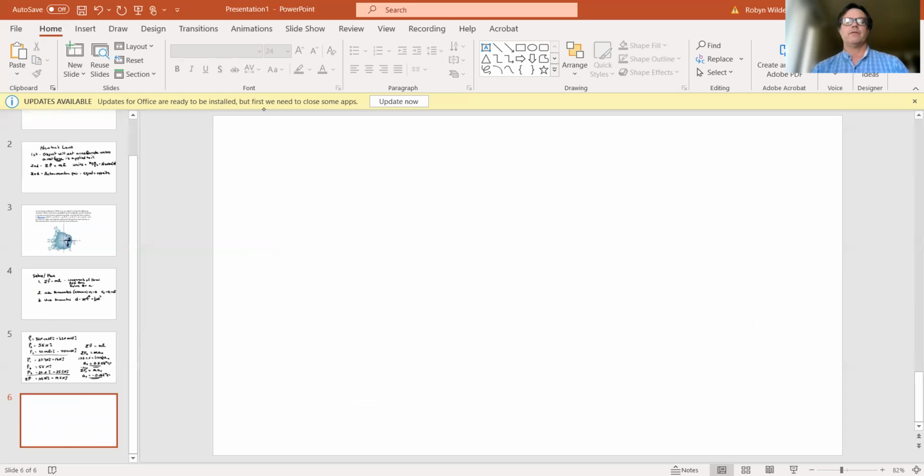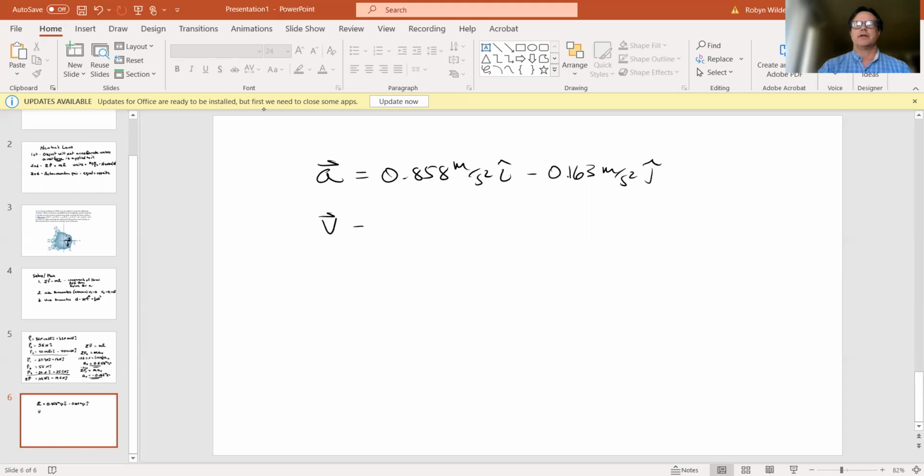So what I've done is I've got my acceleration vector in terms of its components as 0.858 meters per second squared I hat minus 0.163 meters per second squared j hat. Now, what if I want the velocity vector at any time? Okay.